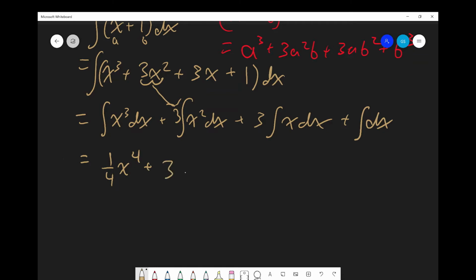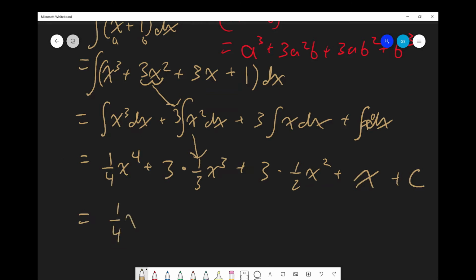Plus 3 times 1/3 x cubed, right? Plus 3 times half x squared plus, this is just x to the 0 here, so that would just be x plus c. So simplifying this all, we get 1/4 x^4 plus x cubed plus 3/2 x squared plus x plus c.